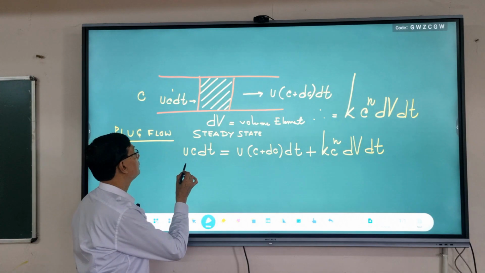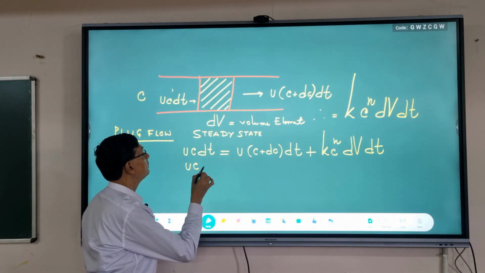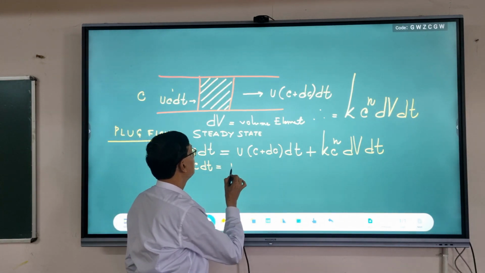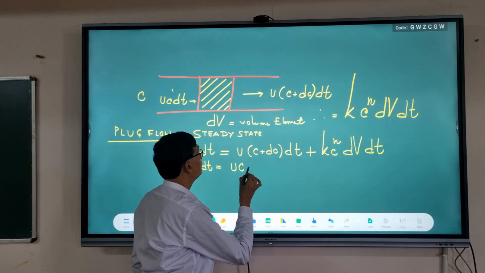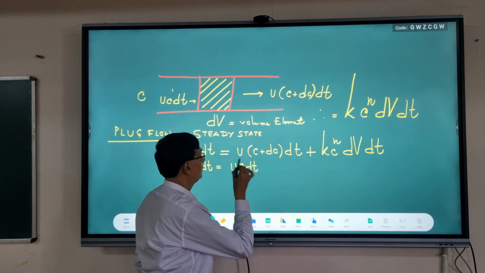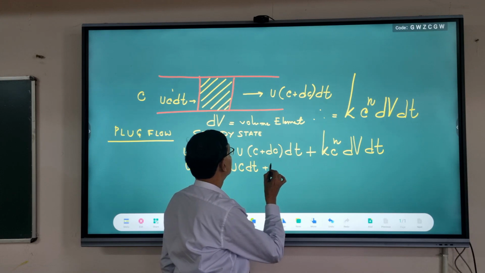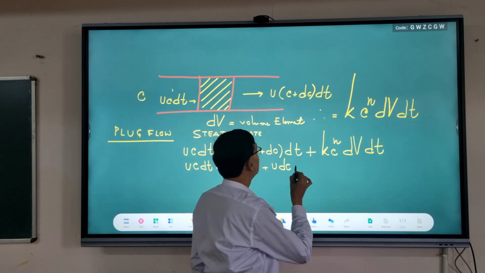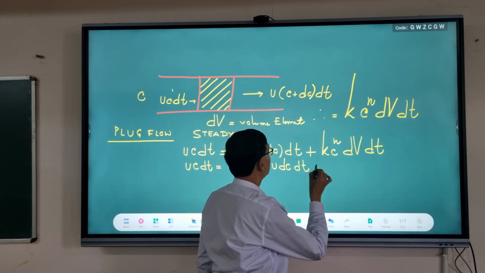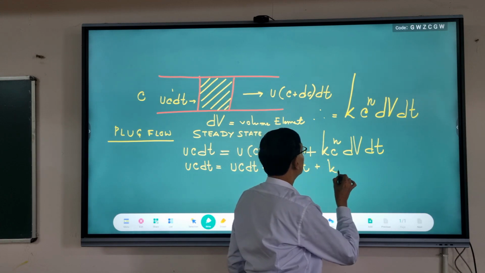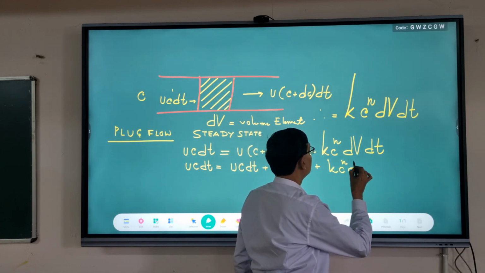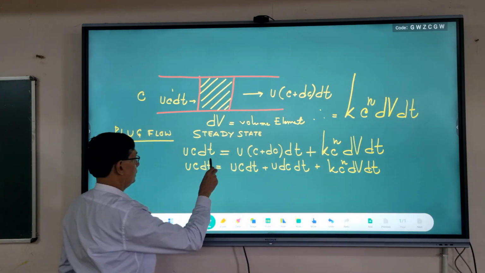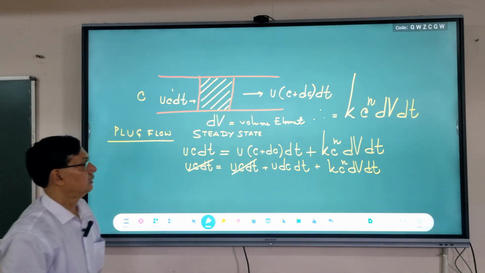Just we solve it. uC dt is equal to uC dt plus u dC dt plus kC^n dV dt.